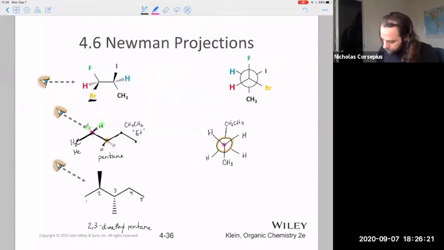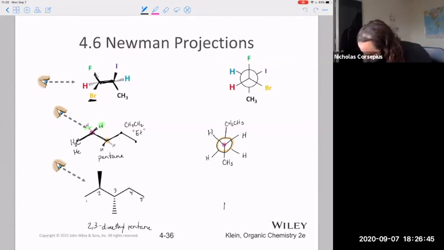And again, like before, looking down at my front carbon here, I have the upside down Mercedes symbol because this is now pointing down instead of up like in the previous example, right? So here, if you look at the top, the bonds that are in the plane of the page are pointed up. Here, the bonds that are in the plane of the page are pointed down, the first bond.